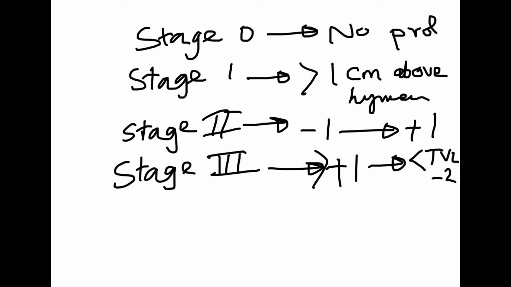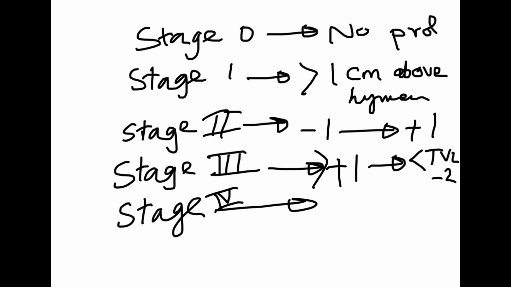The prolapse is going further down, but we don't have complete vaginal wall prolapse. So it is more than +1, but still less than the total vaginal length -2, which is the normal level of the cervix. And then stage 4 is complete vaginal wall prolapse, which means the leading edge of the prolapse is more than total vaginal length -2.